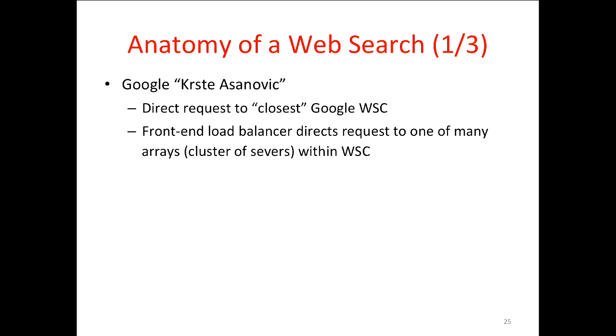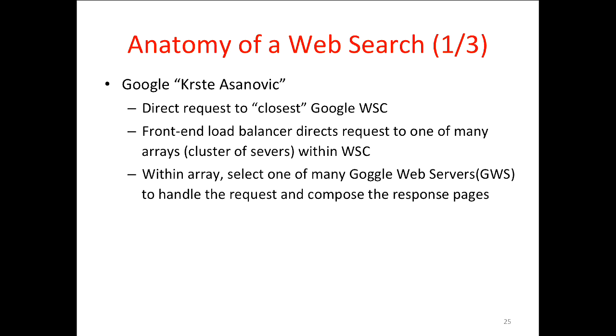This is the same as the unit in the warehouse scale computer architecture. Within this array, it selects one of many Google Web Servers which are idle. And then this Google Web Server handles your request and returns the result for your query.